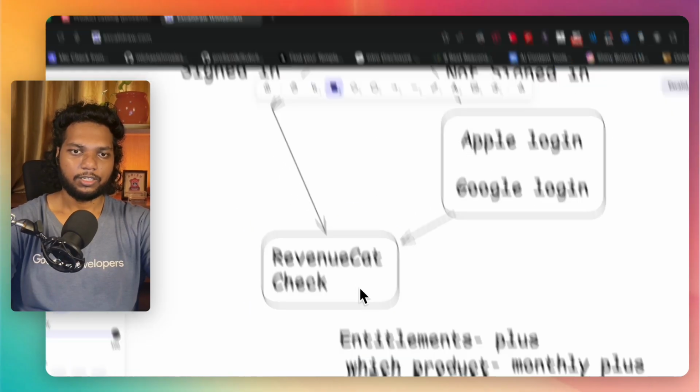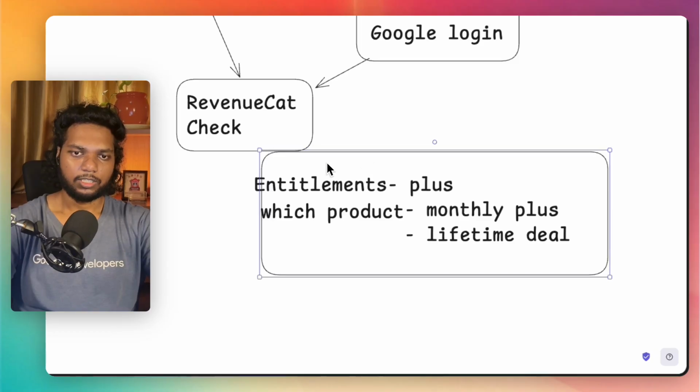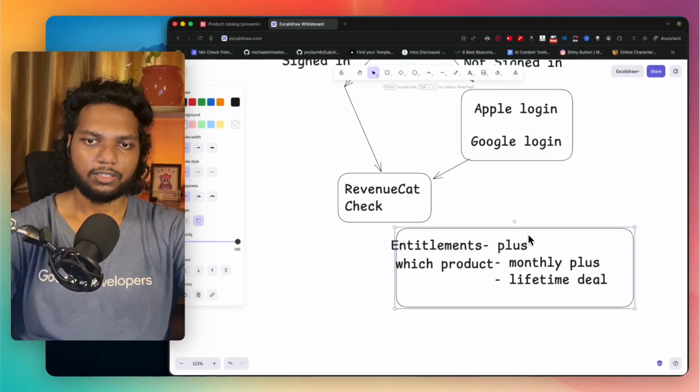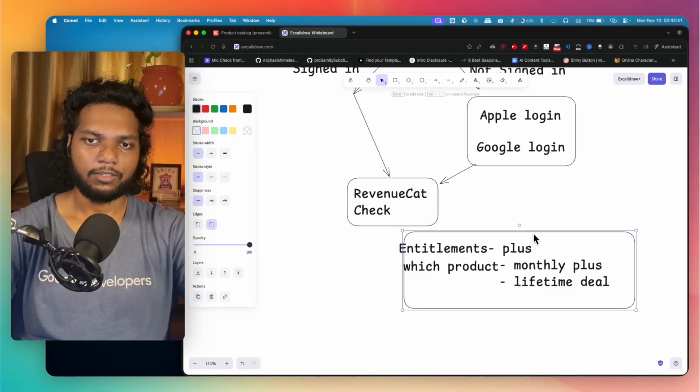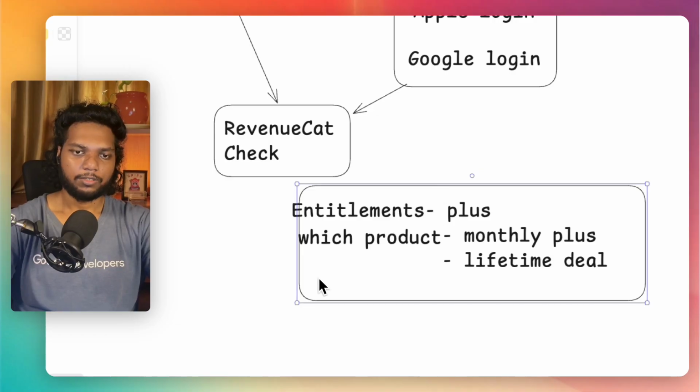So this is what happens behind the scene when my iOS is fetching from RevenueCat.